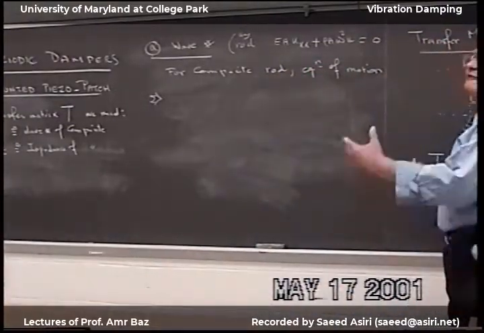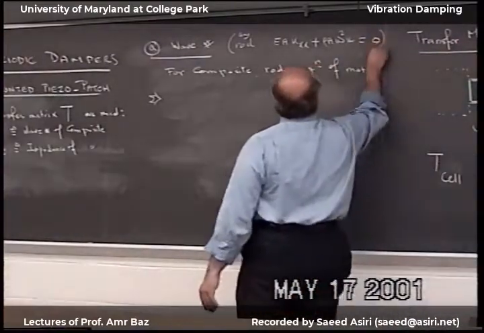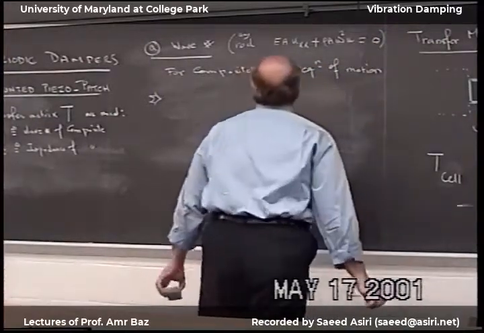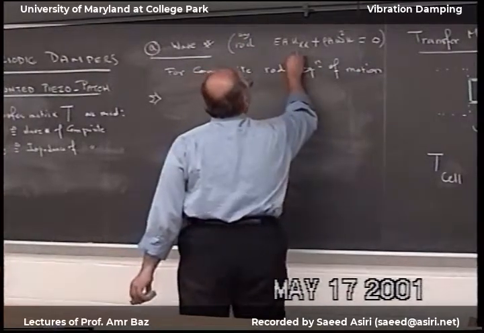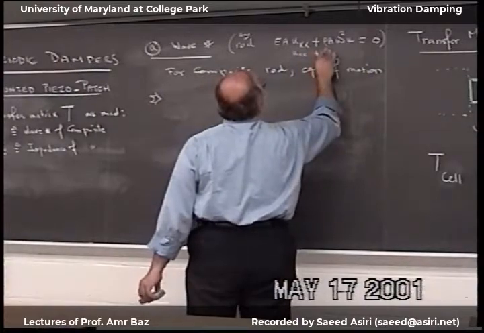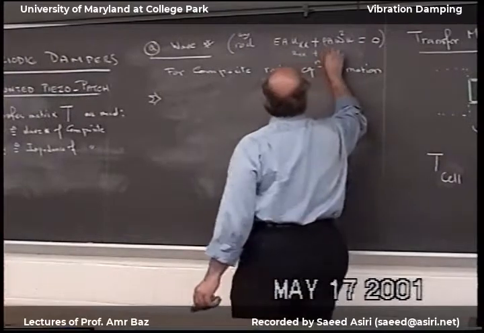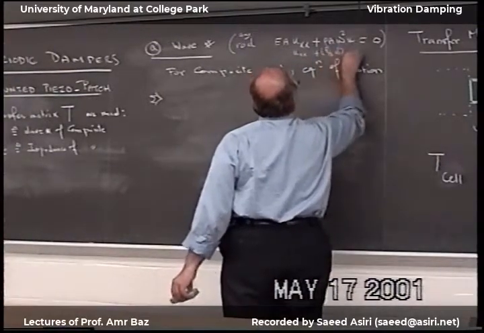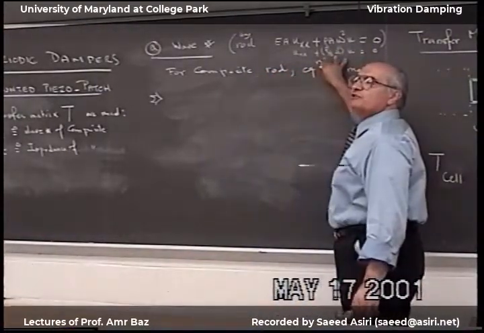Okay, so I'm going to follow exactly the same thing. From this we have U_XX, and then we divide, so we have rho over E omega squared U is equal to 0, and we define this as K squared, which is the wave number.